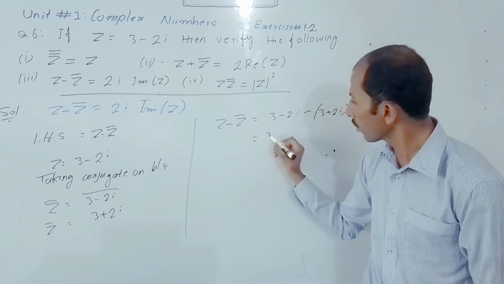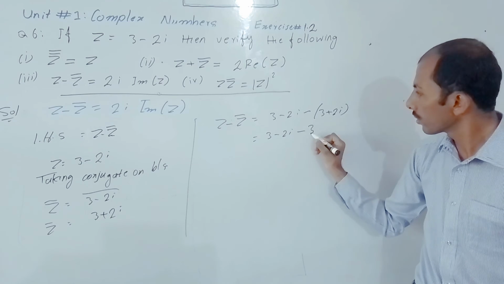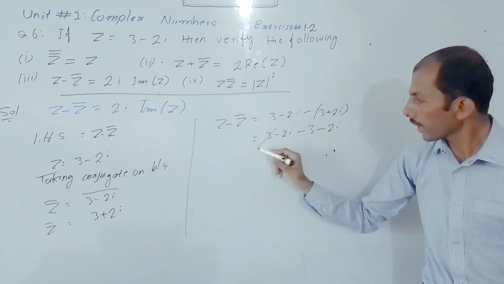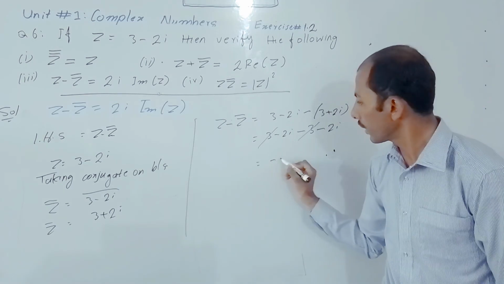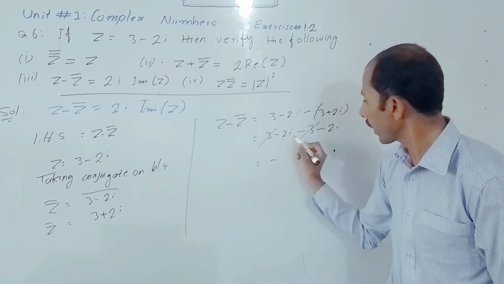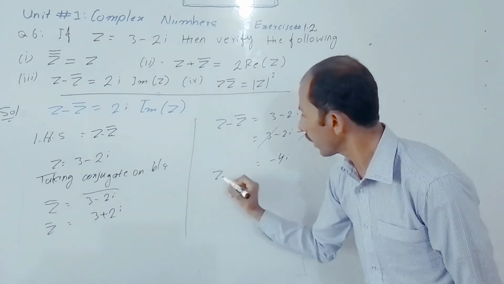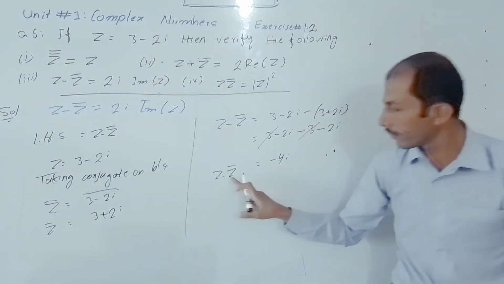So which is equal to 3 minus 2i minus 3 minus 2i. Plus 3 minus 3 cancel, which is equal to minus 2i minus 2i, minus 4i. So z minus z conjugate is equal to minus 4i.